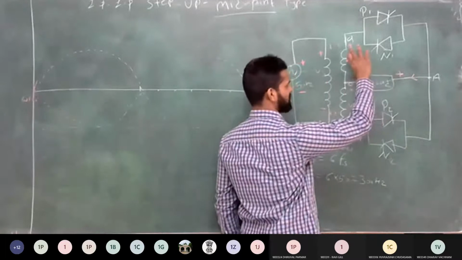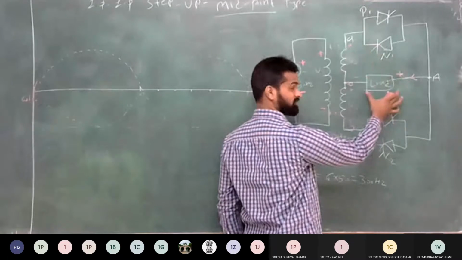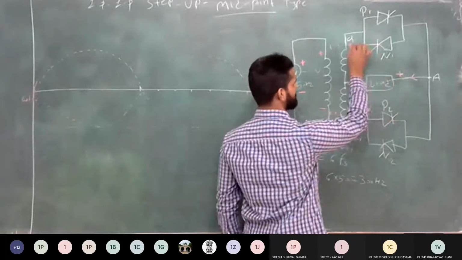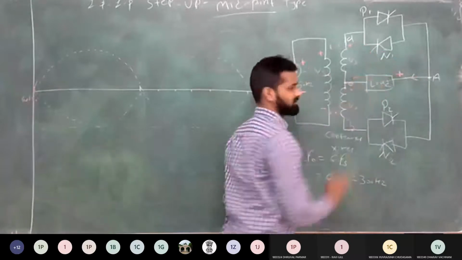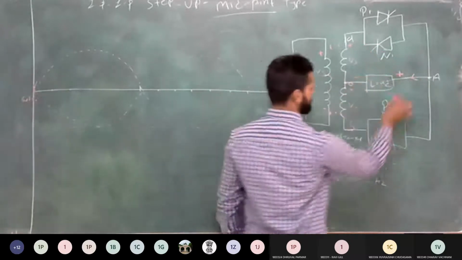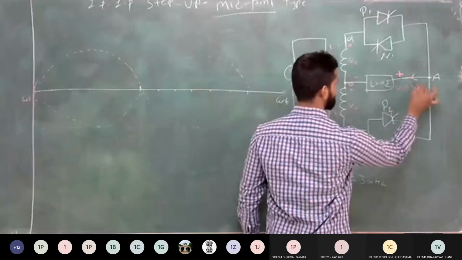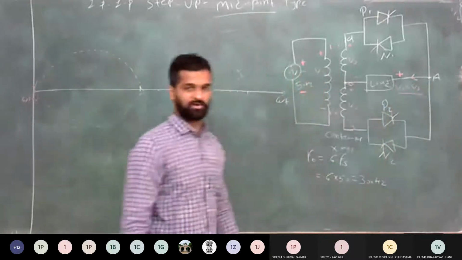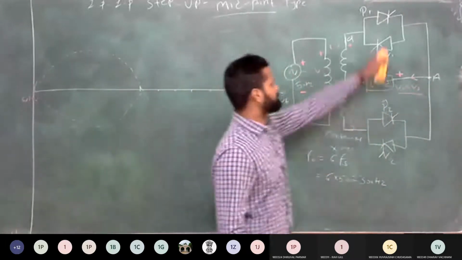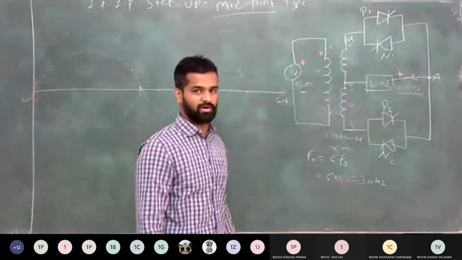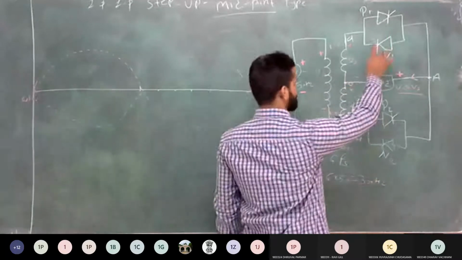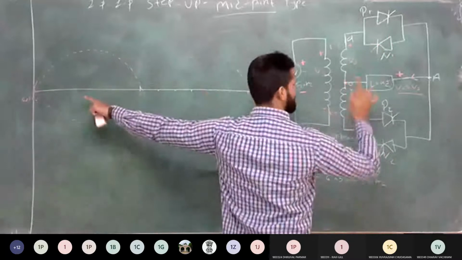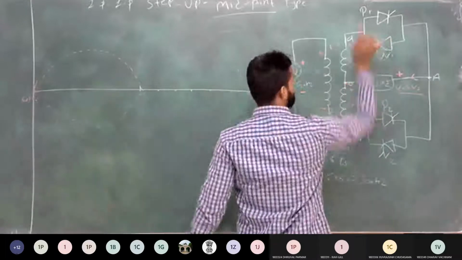This secondary winding voltage comes across the load side. So this positive terminal A comes here and this negative at O terminal. So now your V0 is equal to what? Vs. It is a positive voltage when P1 will start on. Clear? So first, when I require the positive cycle at the load side, I will turn on the P1.